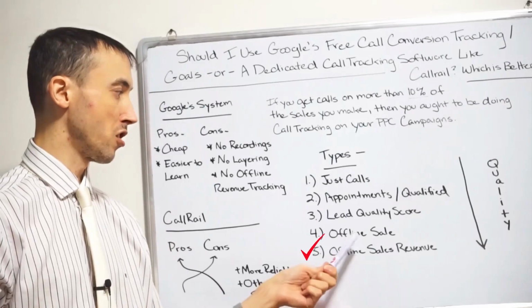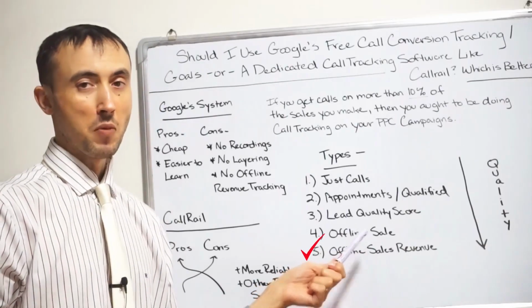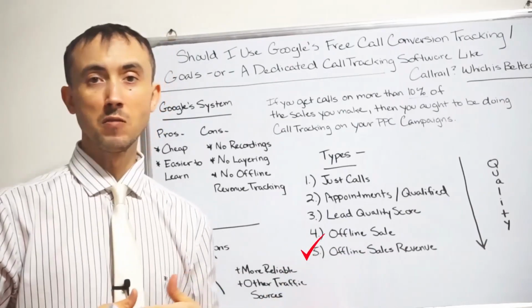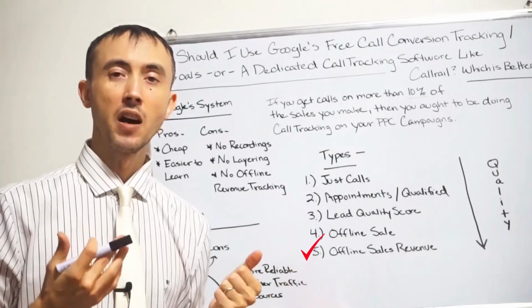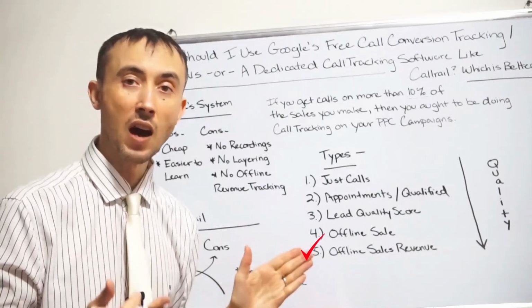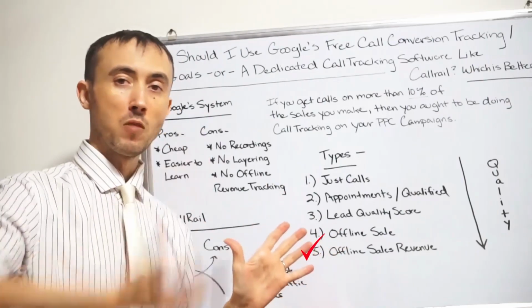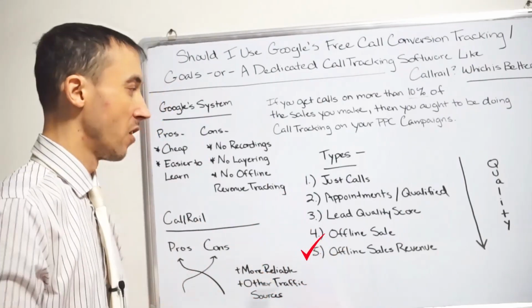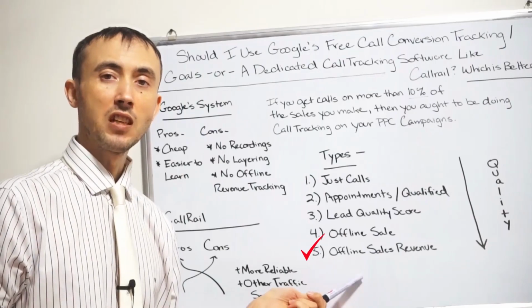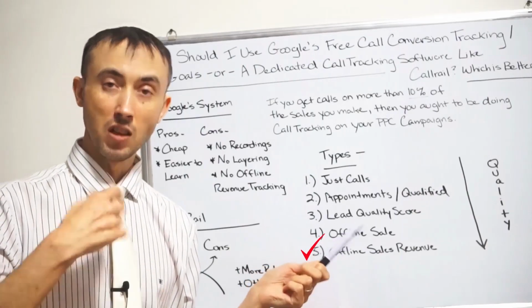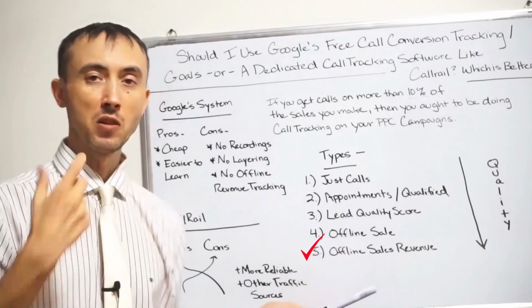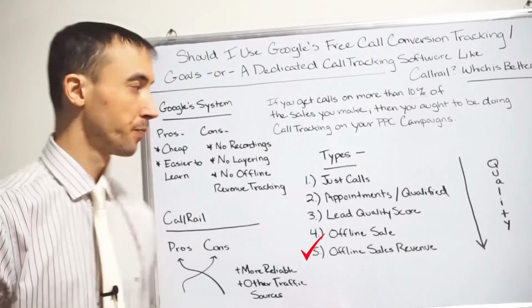So instead of adjusting your bid based upon whether or not someone bought, you can adjust your bid based upon how much they spent and what the ROI was on that particular keyword, so you know to push that keyword more or less. Okay? So the more data you feed in, the more detail you go into with your call tracking that is possible for your business, the better results you'll get long term.